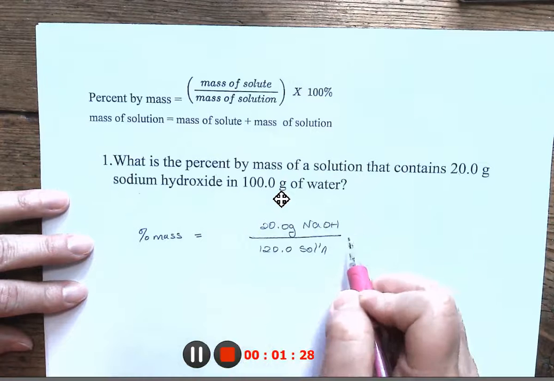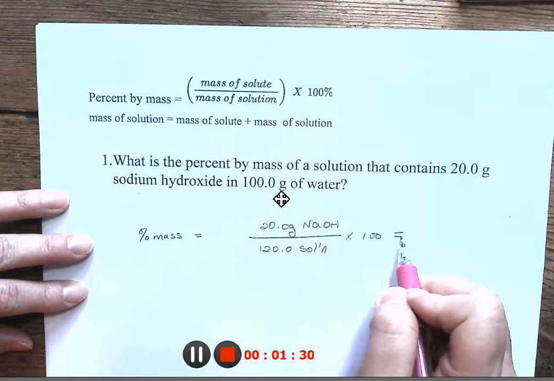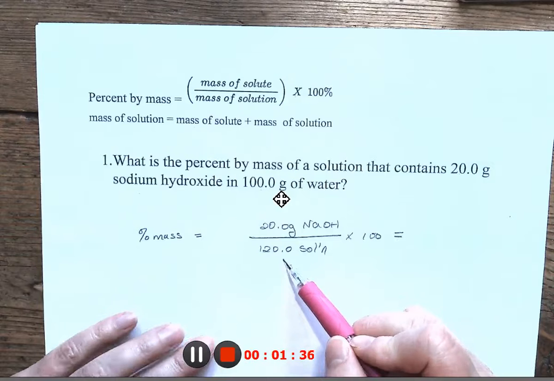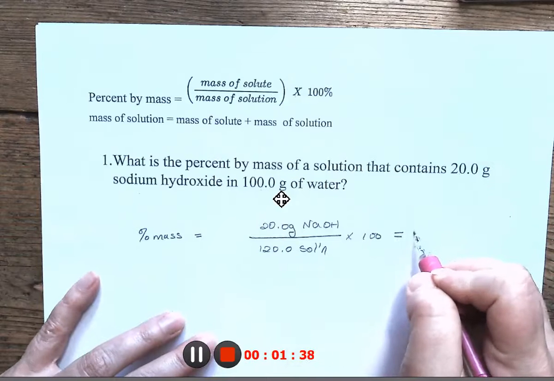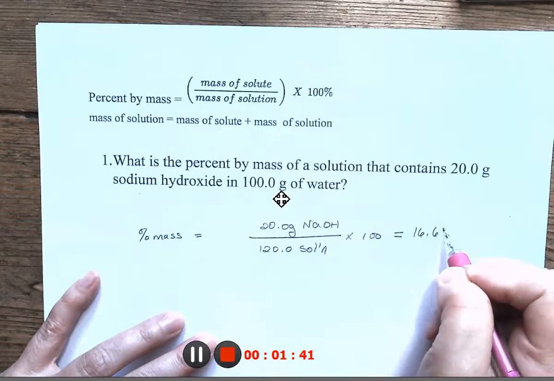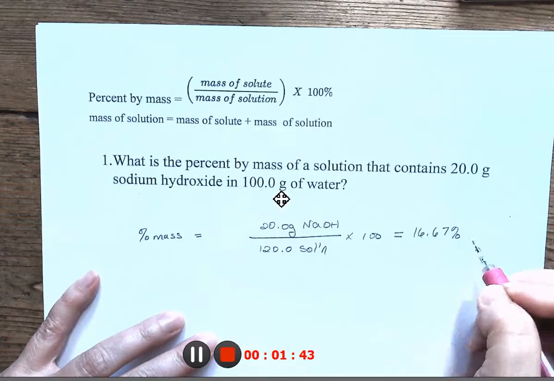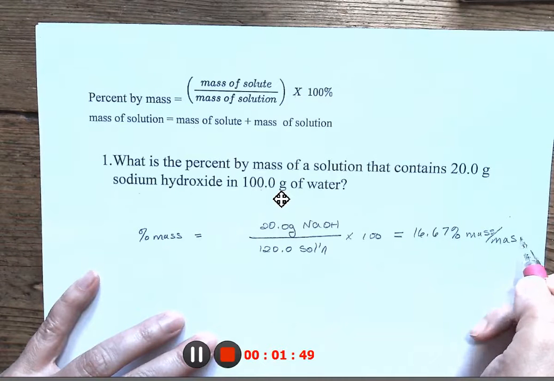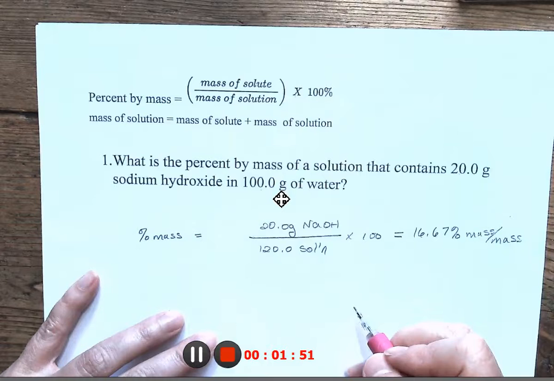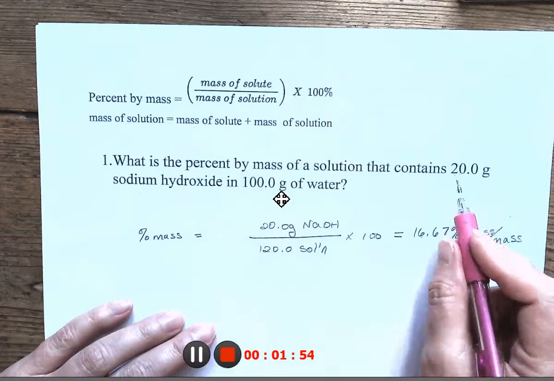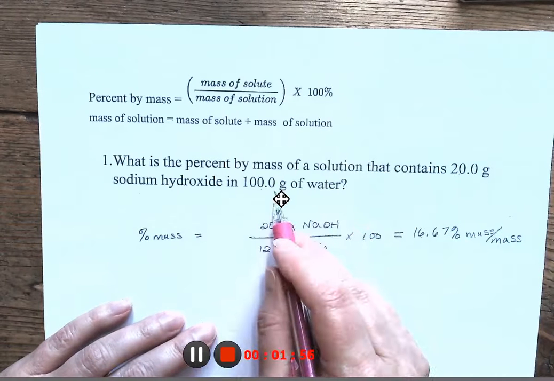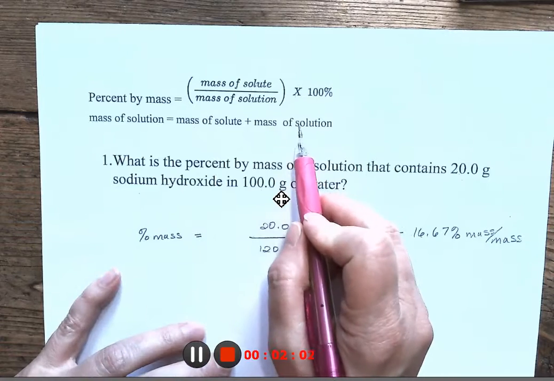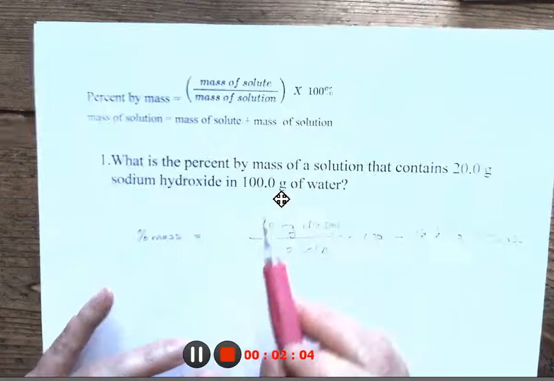I'm going to abbreviate solution, times 100, and you put that into your calculator: 20 divided by 120, which is equal to 16.67% mass by mass. Okay, so mass of solution is mass of solute plus mass of solvent. I think I meant to put mass of solvent there. That's okay.